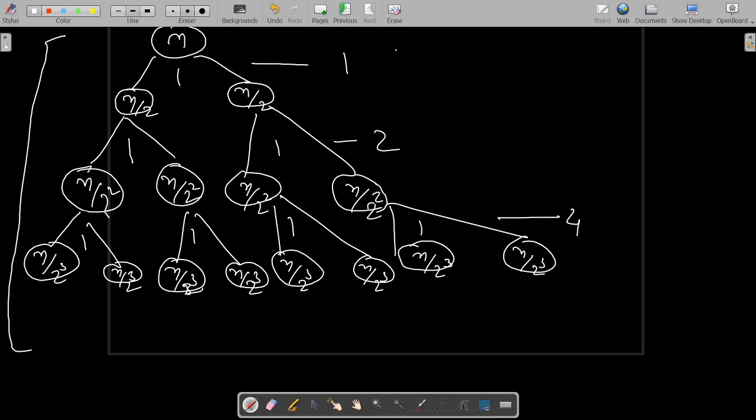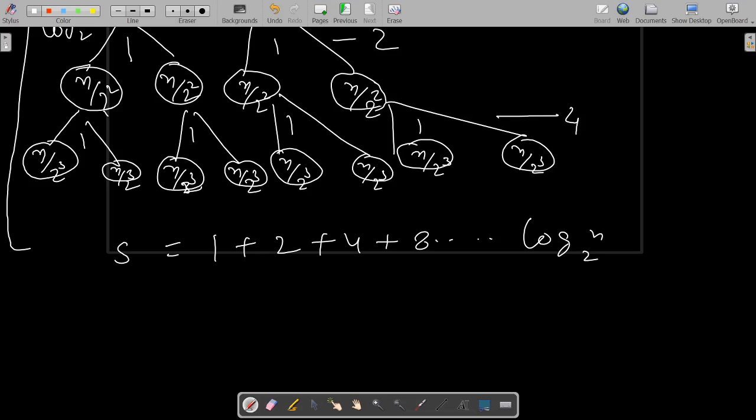Here also the depth of the tree would be log n base 2, as we have seen in the previous example. So the total number of operations would be 1 plus 2 plus 4 plus 8 and so on, up to log n base 2 terms. Here we can see that this is a GP with ratio equal to 2 and first element equal to 1.